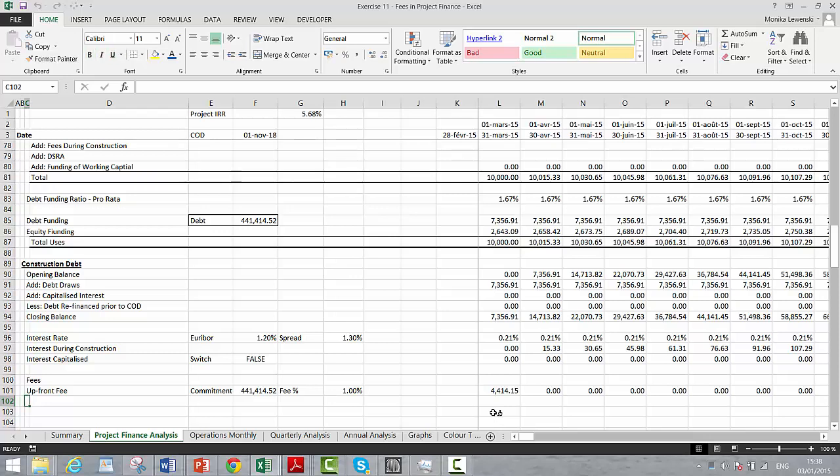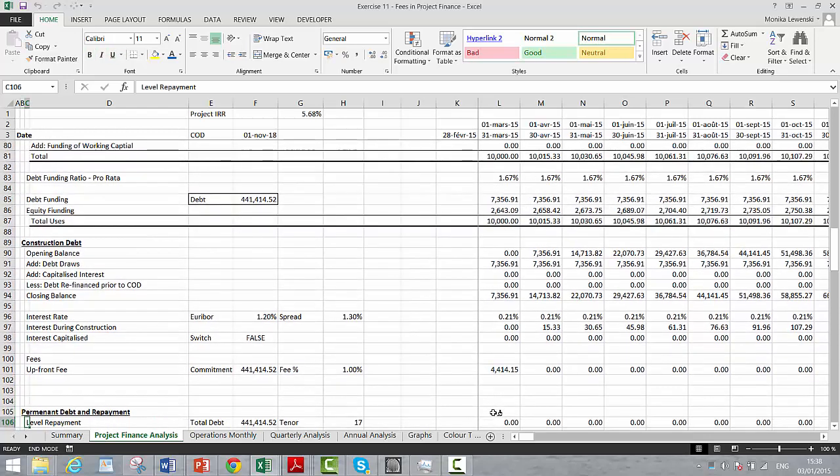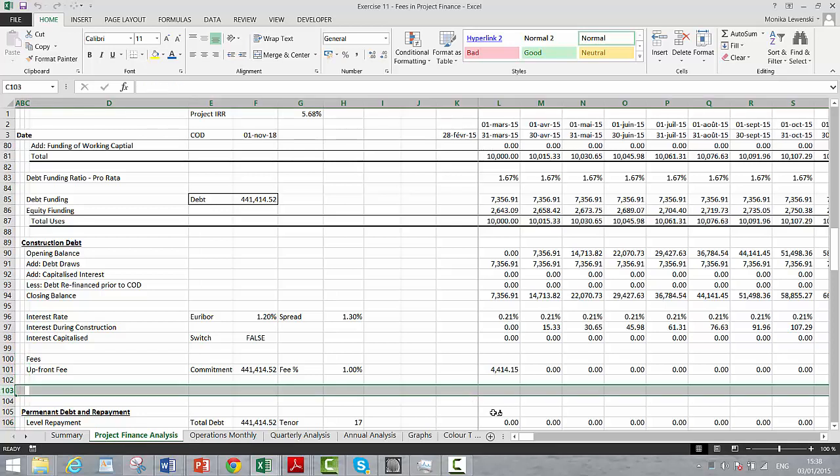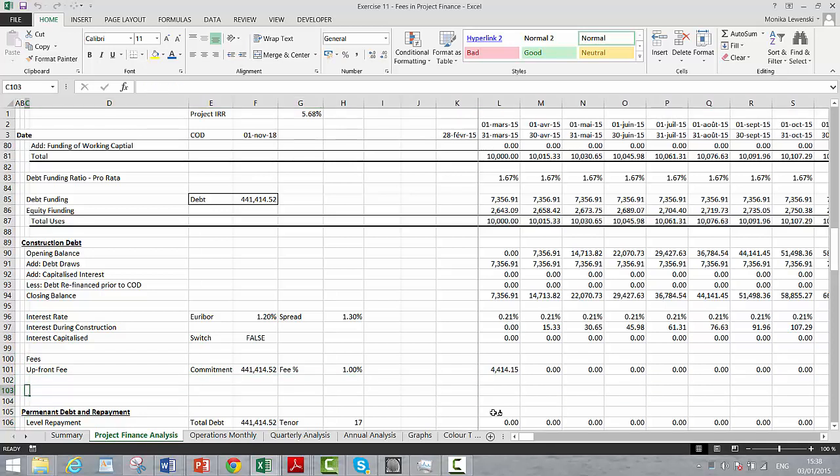And then for the commitment fee, that's a little bit trickier in a few different ways. First, we need to compute the undrawn balance. To get that, let's put the commitment again, and then this time the fee percent.